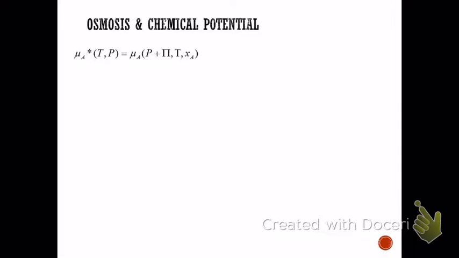The key difference here being that it's at an elevated pressure. All right, so that when the osmosis stops, that's the situation we have. We have an equilibrium, and these two chemical potentials are the same.